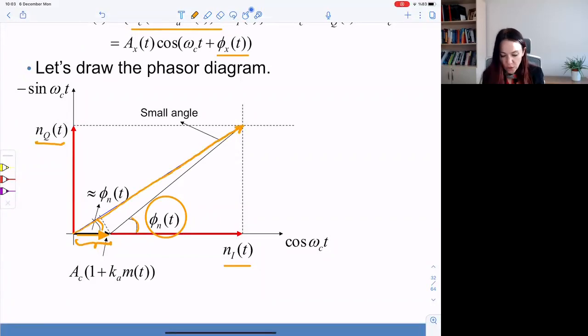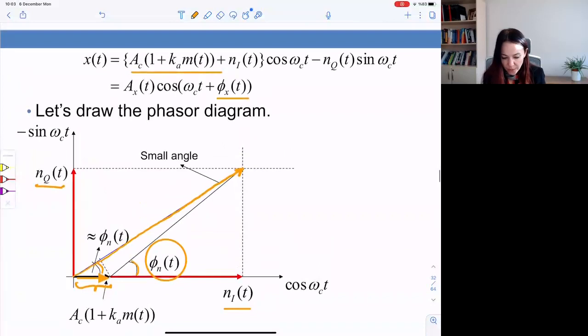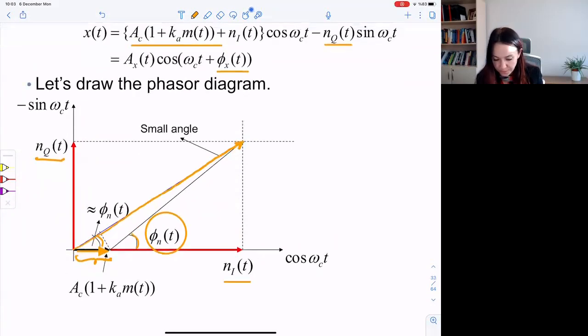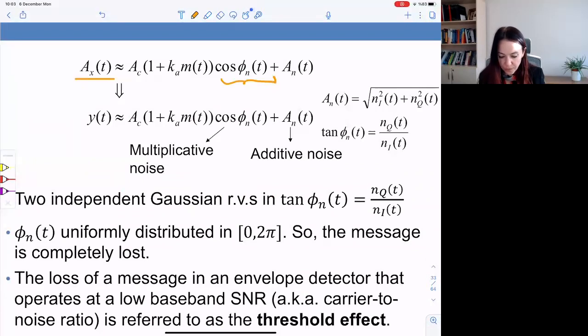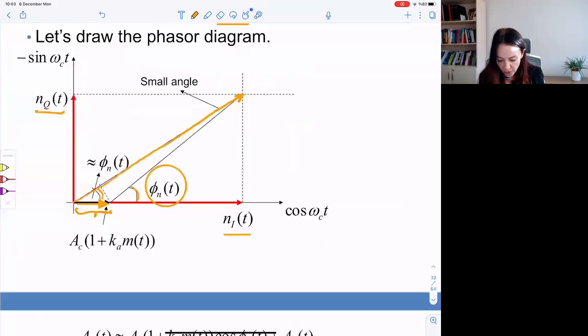Okay, so you obtain that by squaring AC(1 plus KA m of t) plus NI, plus squaring NQ, and then taking the square root, right? However, now we can approximate that as AC(1 plus KA m of t) times cosine phi n plus AN of t. Right? Why?